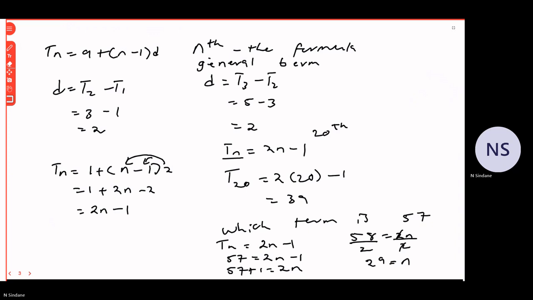Now, let's go to the next sequence, things that we need to know when it comes to a quadratic sequence. The formula is Tn is equal to an squared plus bn plus c, right? That is the general formula, or the nth term, or the formula.